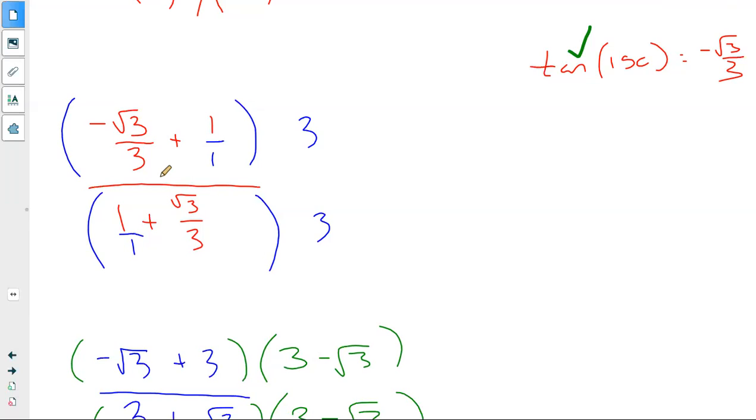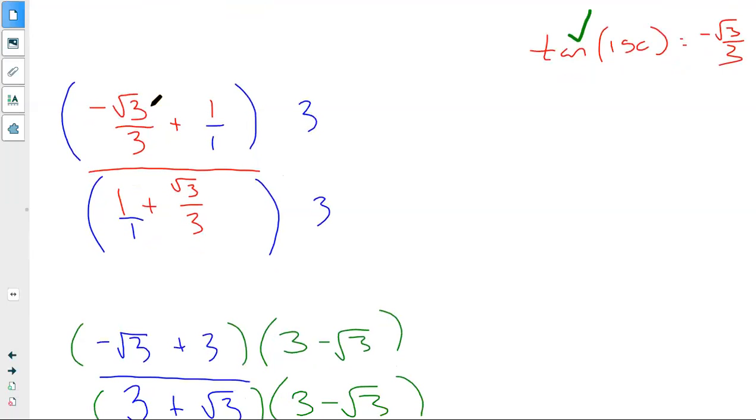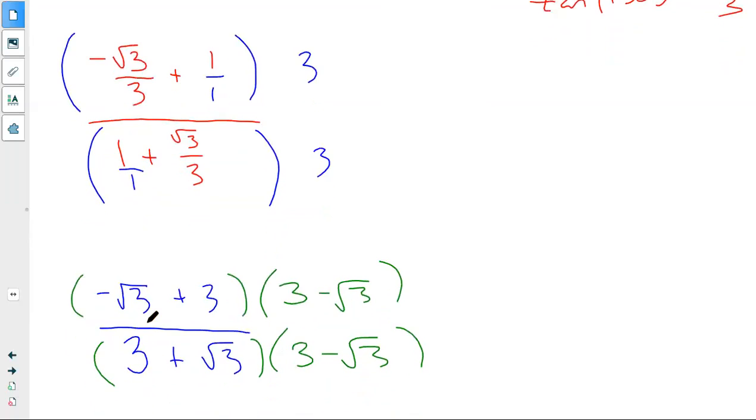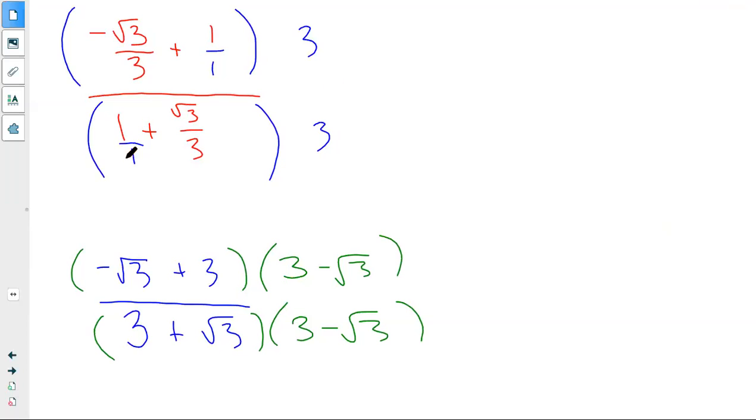So we can multiply the numerator of the whole fraction and the denominator of the whole fraction by 3 here, and that'll remove all small denominators. So negative root 3 over 3 times 3 is going to be left with negative root 3. 1 times 3 is 3. And then in the denominator here, 3 times 1 is 3. And then 3 times root 3 over 3 is root 3.